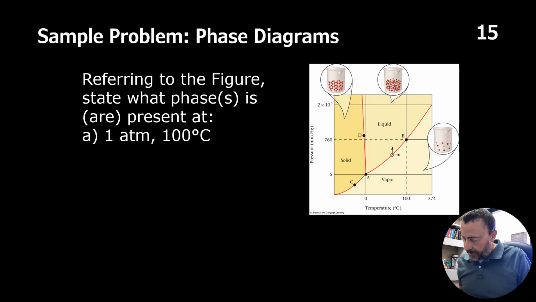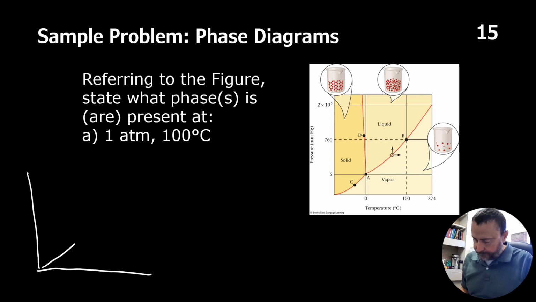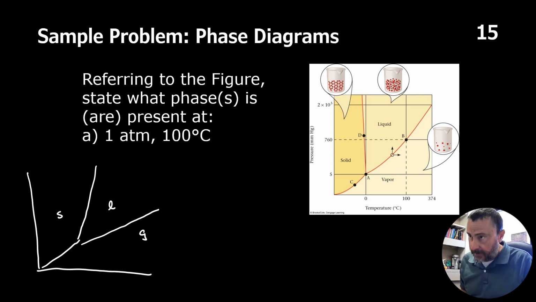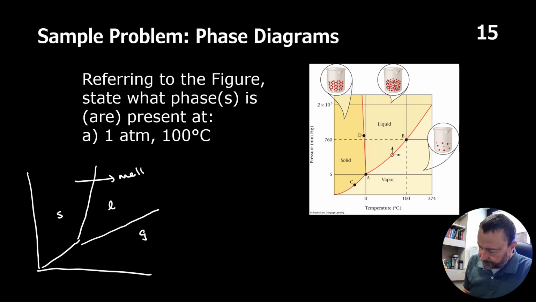So, I lost it on the previous slide, so I'm going to draw it real quick here, because for some reason it won't let me go back. It does not like that whatsoever. So solid, liquid, and the gas phase here. All that was showing is that this is melting, this is freezing, as I might ask you questions like this.